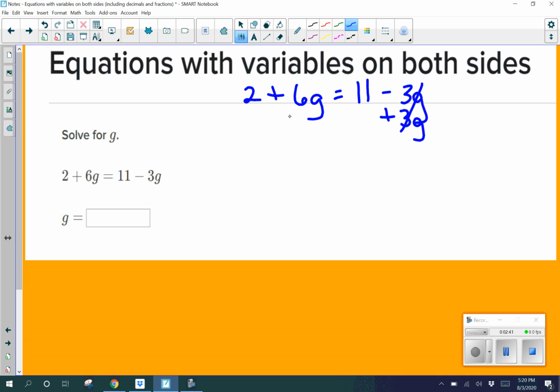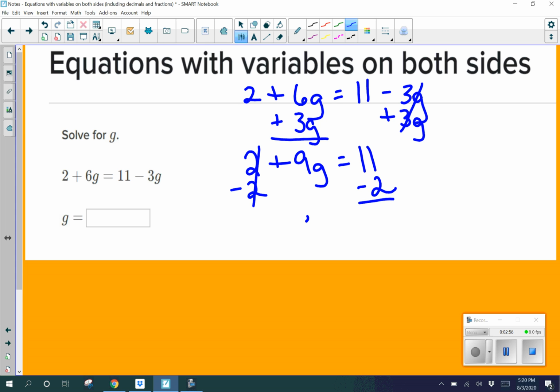So we're going to do that. So that's going to leave me with 2 plus 9g equals 11. My next step is to eliminate my constant. To do that, since I have a positive 2, we're going to subtract 2. That leaves me with 9g equals 9. And then when I divide through by 9, I get g equals 1.